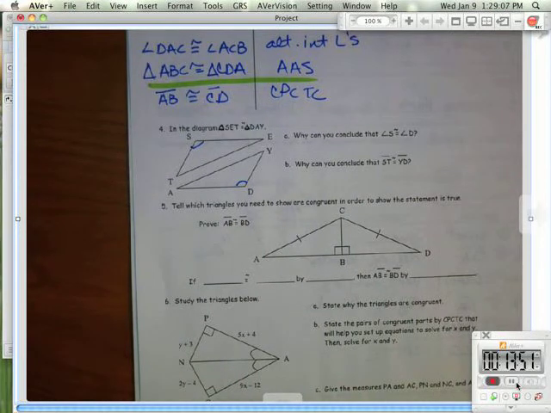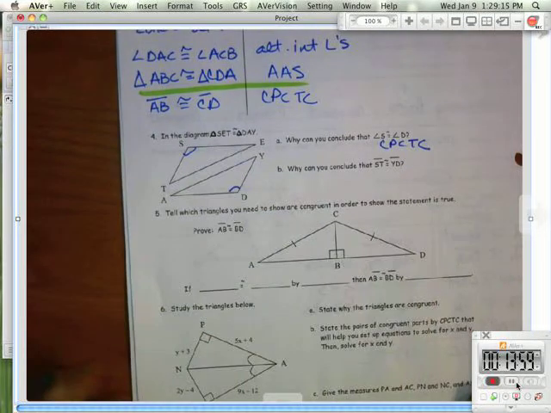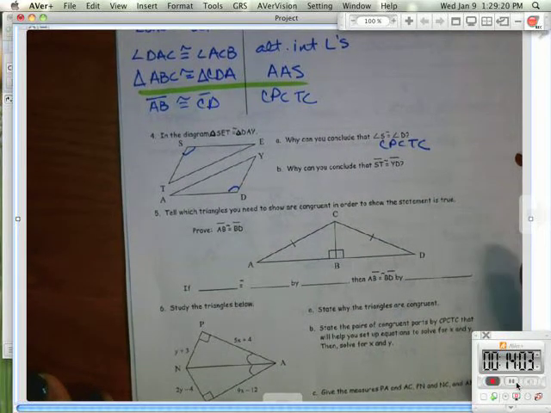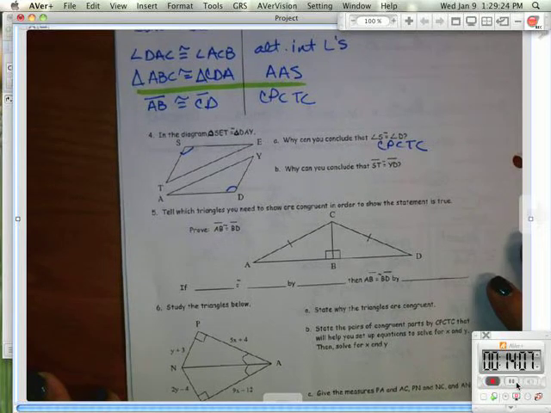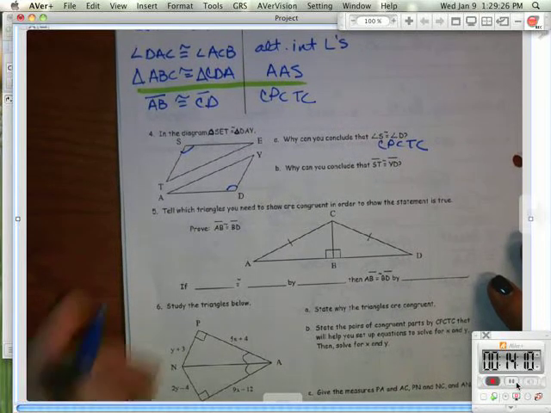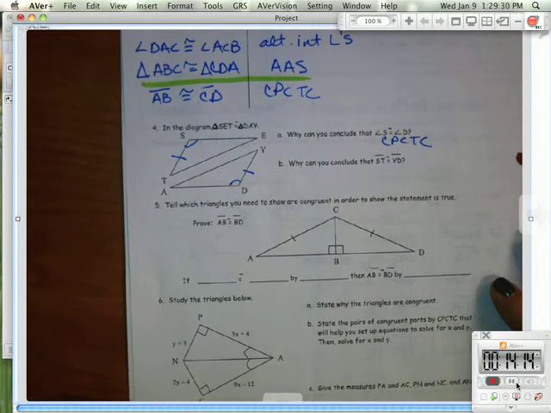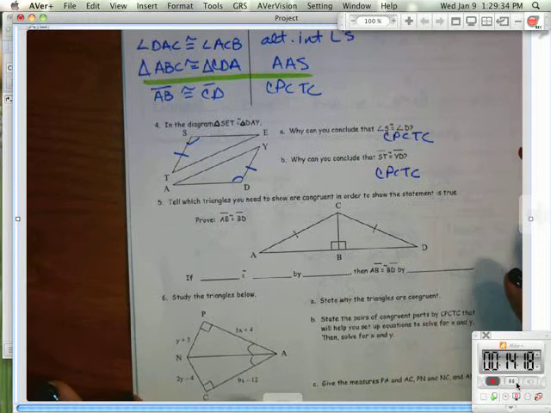If this is congruent to this, all the corresponding parts are congruent, so the angles are congruent because of CPCTC. So why then can we conclude that ST is congruent to YD? That's right, CPCTC.